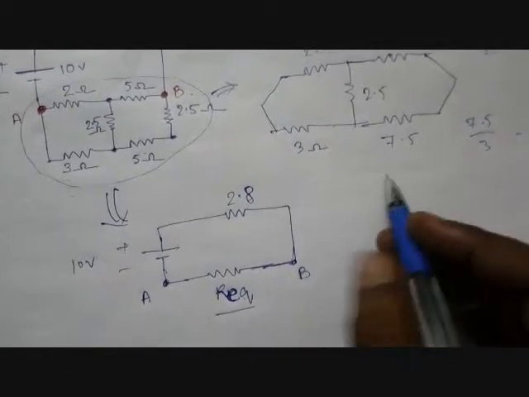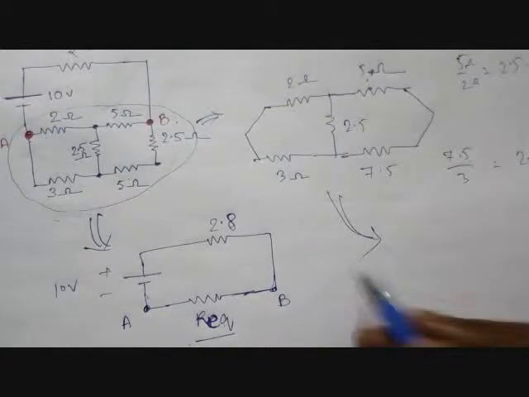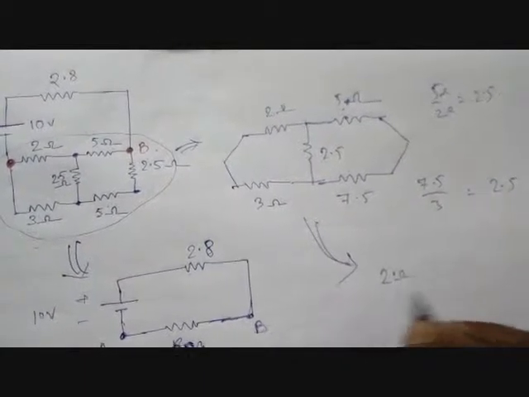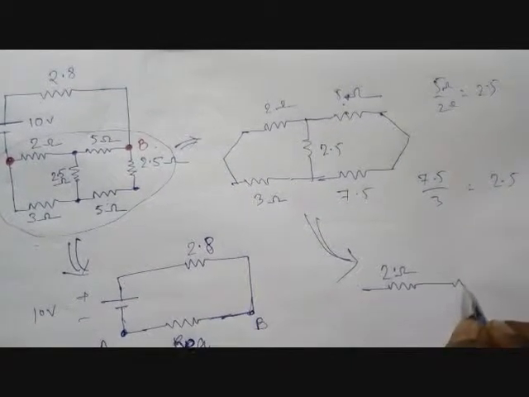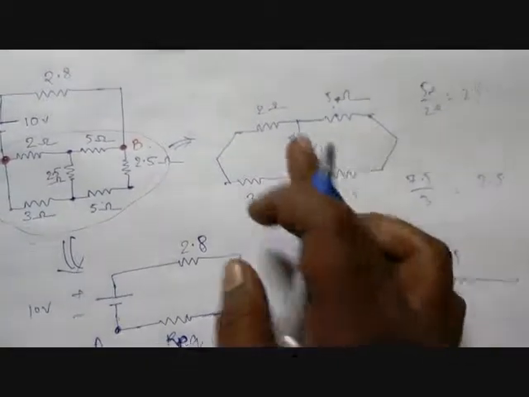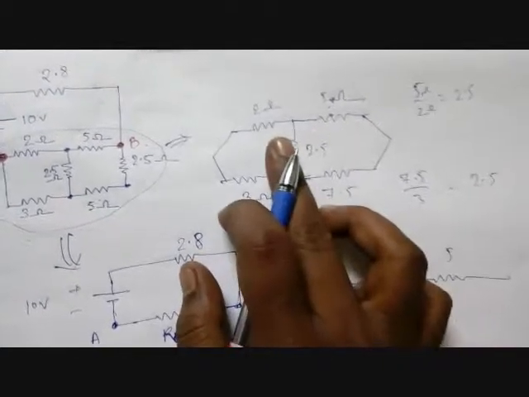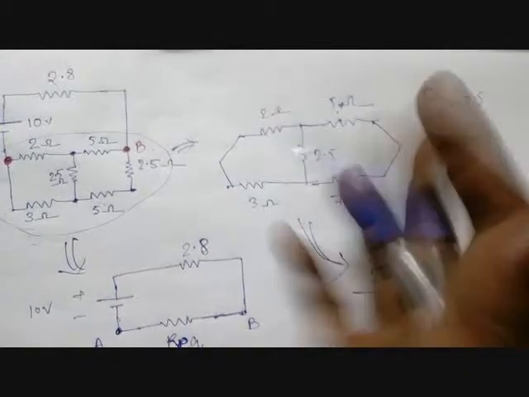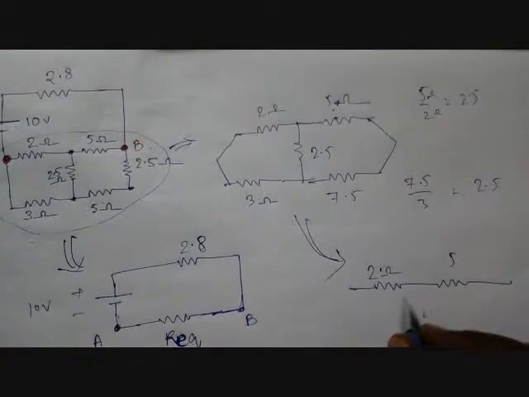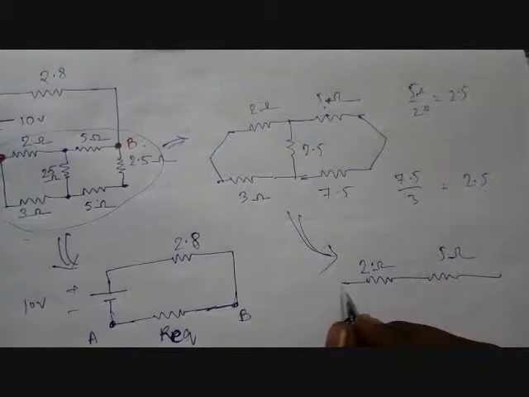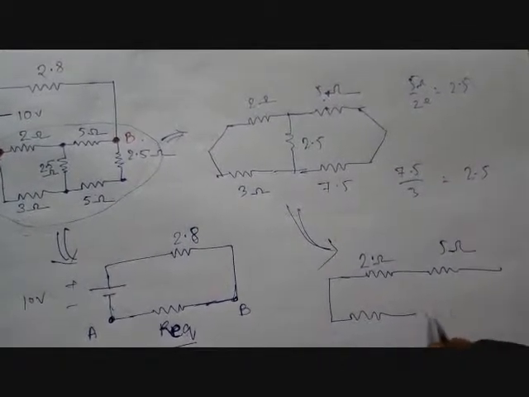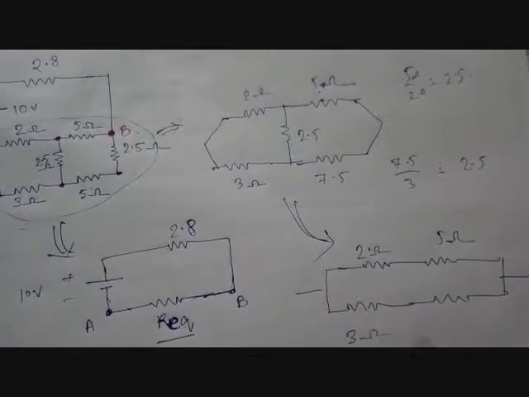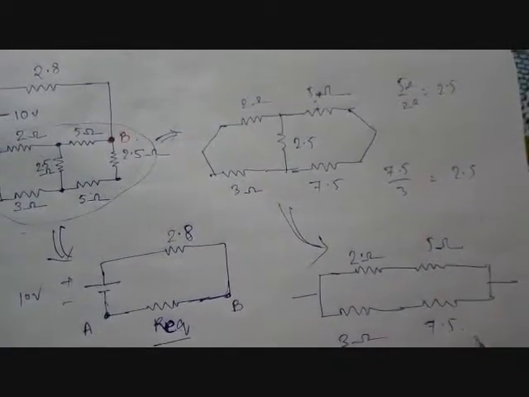Now R equivalent you can find out from that circuit. That circuit can be drawn as 2, 5. We can just omit that bridge branch because no current passes through that one, so you can just cut that one. Then 3 ohms, 7.5 ohms.